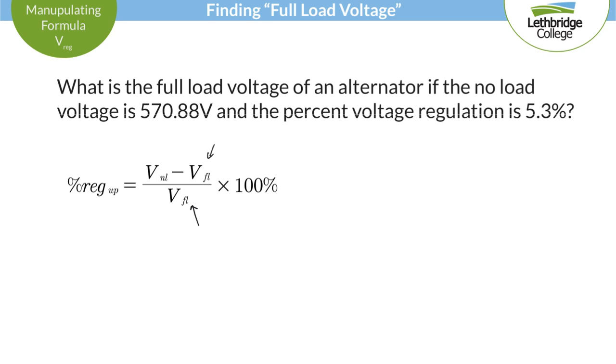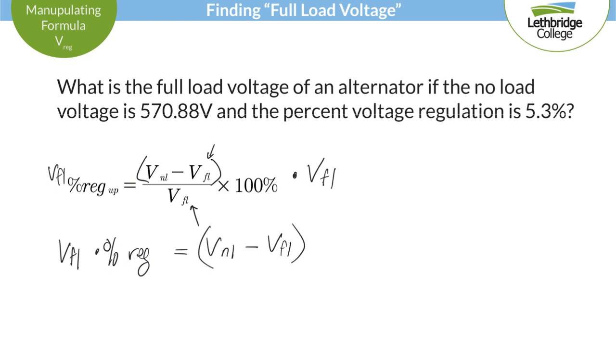First off, you probably want to isolate that stuff. So I'm going to do the same thing as I did last time. I'm going to multiply both sides by VFL. So I have VFL times the percent reg is equal to VNL minus VFL times 100.